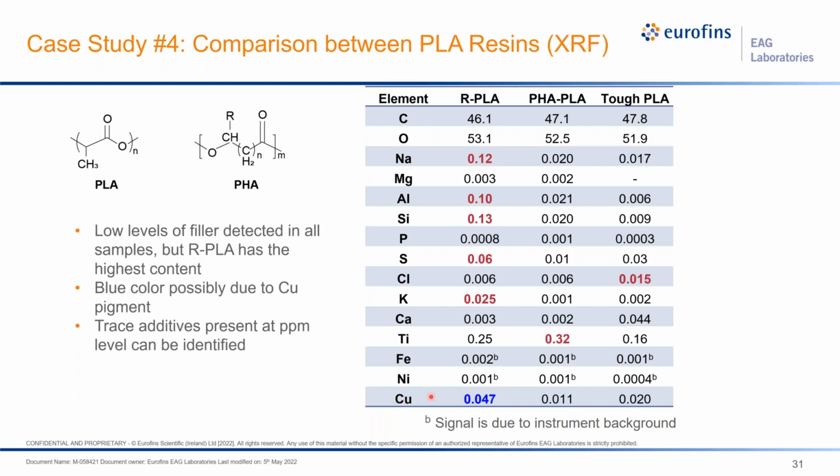You can see the copper content actually varies quite a bit, from 470 parts per million to 110 parts per million. I should mention that for copper in this type of analysis, our detection limit is about 4 parts per million. So this is something that we can quantify quite easily with this technique.